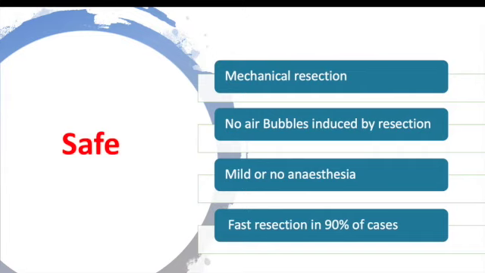Additionally, you have no air bubbles induced by resection. You know, the bipolar resectoscope creates a lot of bubbles, while the shaver, because it's completely mechanical, does not induce any kind of bubble.